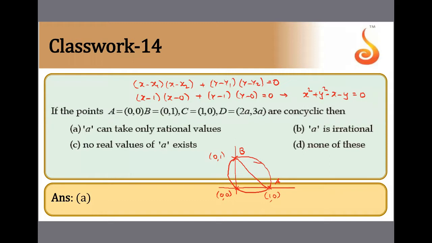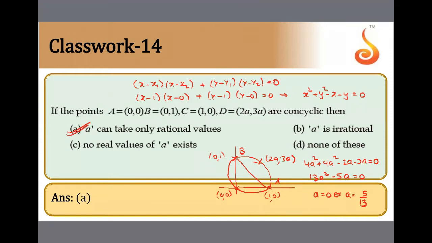Now a comma 2a, if you substitute, we get 4a square plus 9a square minus 2a minus 3a is equal to 0. From this we get 13a square minus 5a is equal to 0. Either a equal to 0 or a equal to 5 by 13.